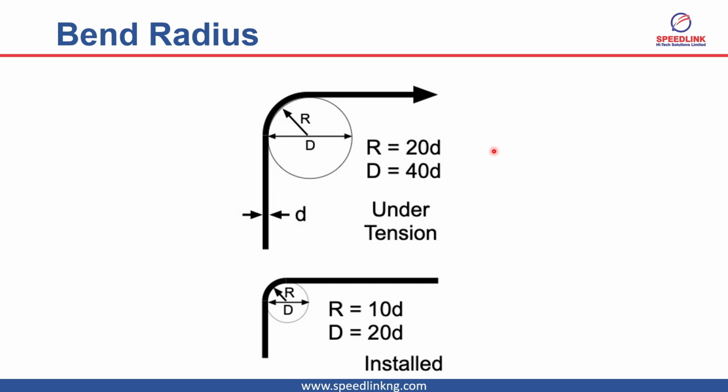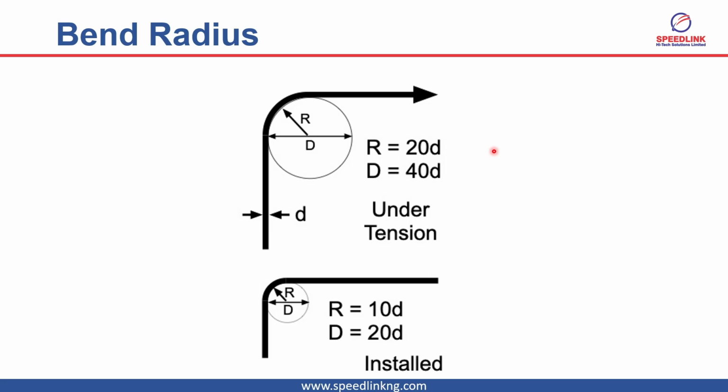Now, if you look at what's happening here, the bend radius is from here, right? When the cable has completed the bend, to here, when the cable was starting with the bend, isn't it? Now, that bend will form a circle. By the time you form that circle, that circle's diameter should be greater than the bend radius.